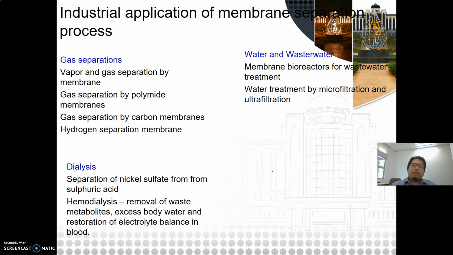Besides that, membrane separation technology has also been used in gas separation, water and wastewater treatment, and also dialysis. All of these applications are being used nowadays in our industry, and all of these use membrane technology.